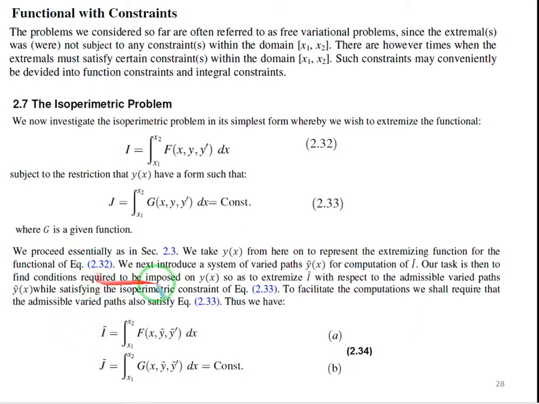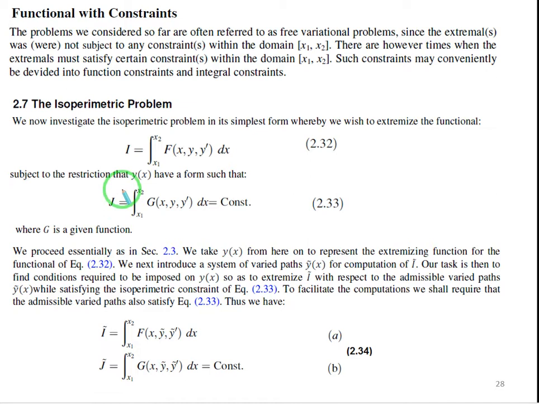Let's say that in this new definition we define I tilde as we defined before, integration from x1 to x2 of f of x, y tilde and y tilde dash dx, and J tilde is integration from x1 to x2 of g of x, y tilde and y tilde dash dx, where y tilde, the set of varied paths from y of x, still satisfies our constraint.